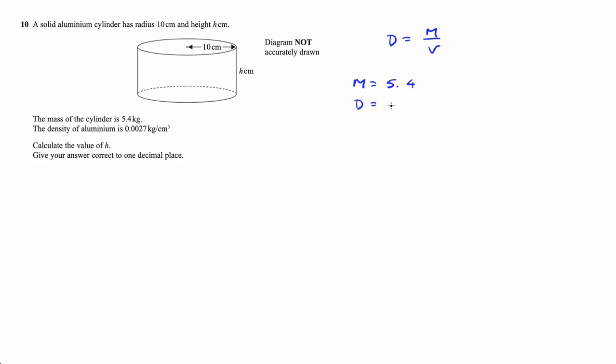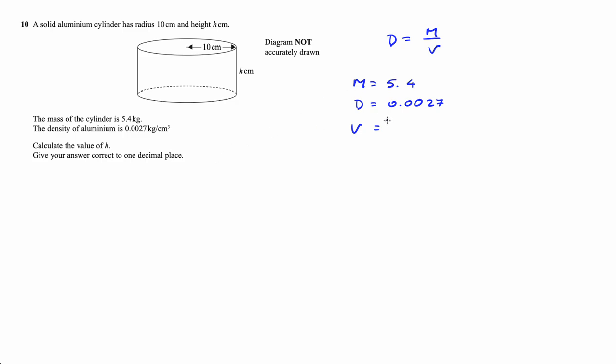The density is 0.0027 kg per centimeter cubed, so be a little bit careful there, guys. This is again a standard question. We don't know h, but we can find it after we get the volume. So first we'll get the volume.